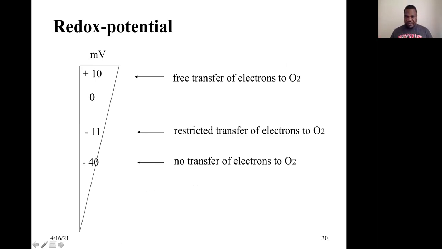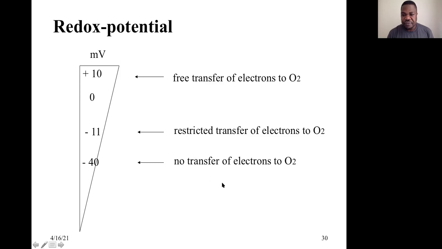So in our body, different parts of our body have different redox potential, okay? So there are places where the redox potential is very high, around plus 10 millivolts, very high. And there are areas where the redox potential becomes neutral and it starts decreasing to minus 11 and minus 40.